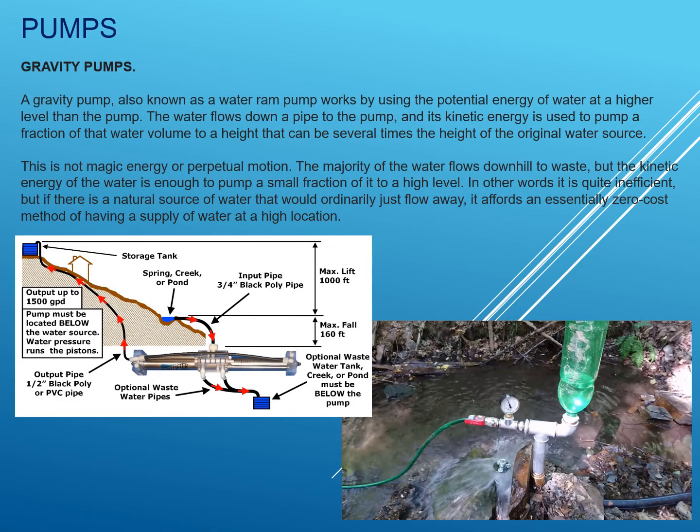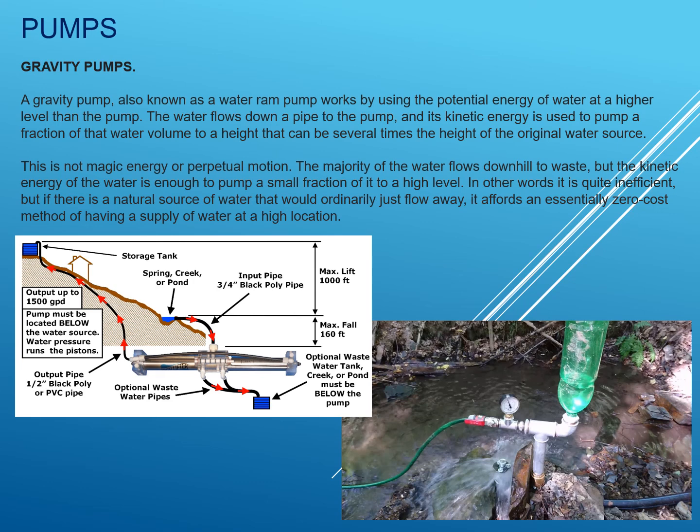And the last type of pump is known as the gravity pump, commonly called a ram pump. It works by using the potential energy of water at a higher level than the pump. The water flows down a pipe to the pump, and the kinetic energy is used to pump up a fraction of that water volume to a height that can be several times the height of the original water source.